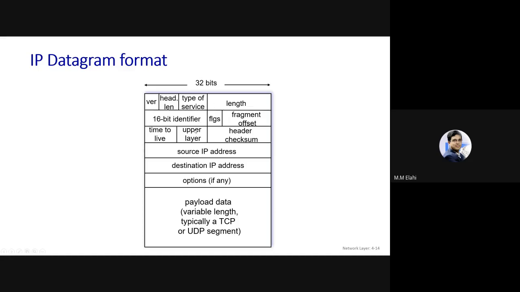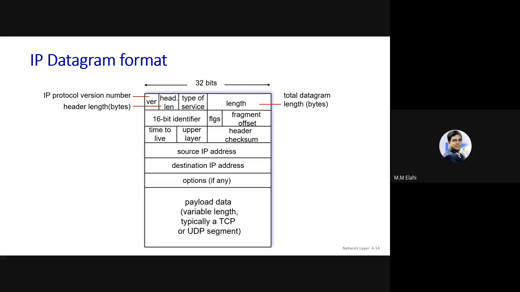So we have 3 more rows. In the first row, the first one is the version number, like the IP protocol version number, IP version 4. Okay. Then there is the header length. As I said, it can be 20, it can be 24. Then there is the type of service. Type of service can differentiate video, audio, and different flows of packets.